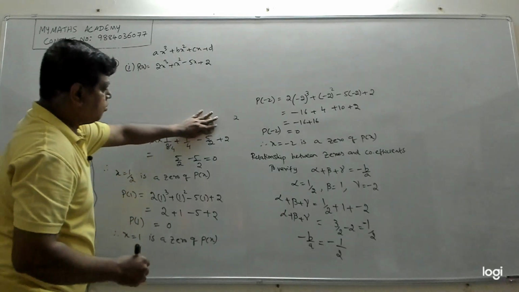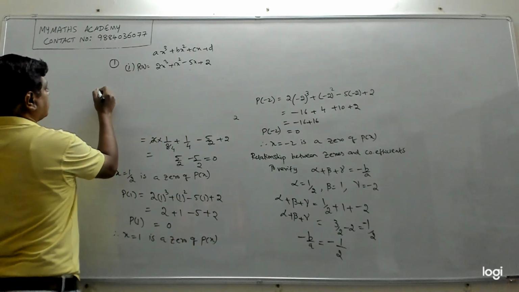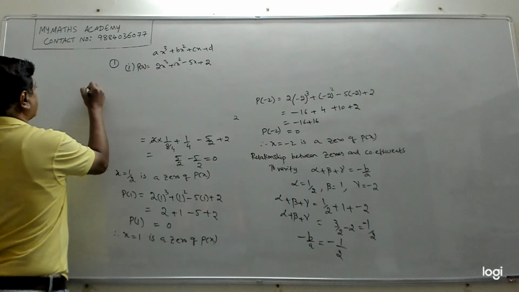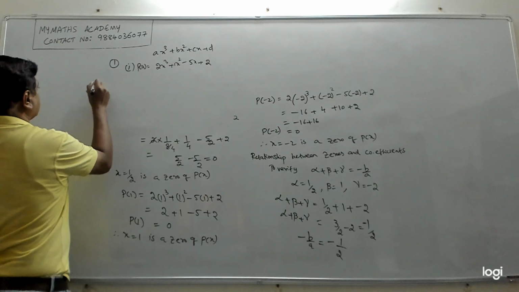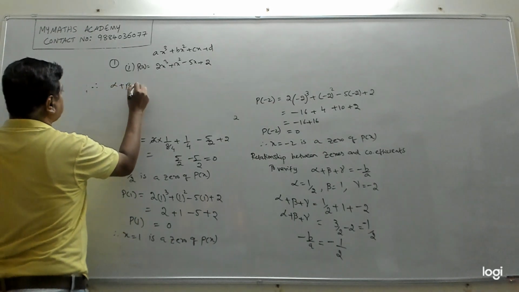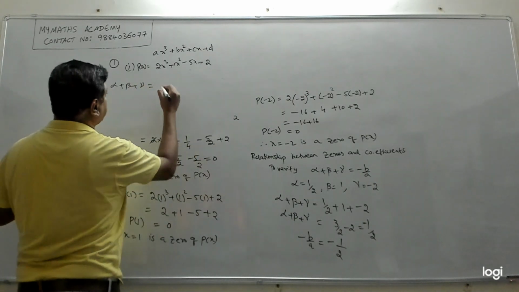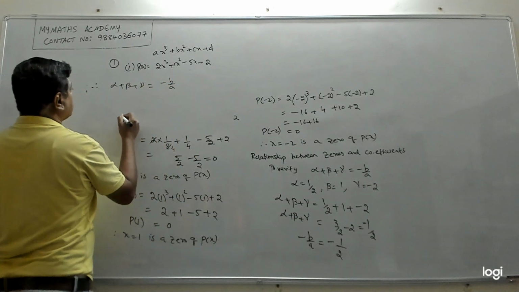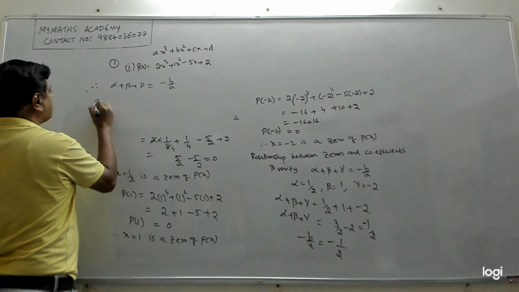So now, continuing from here, alpha plus beta plus gamma equal to minus b by a. So what is alpha plus beta plus gamma? It is the sum of the zeros.